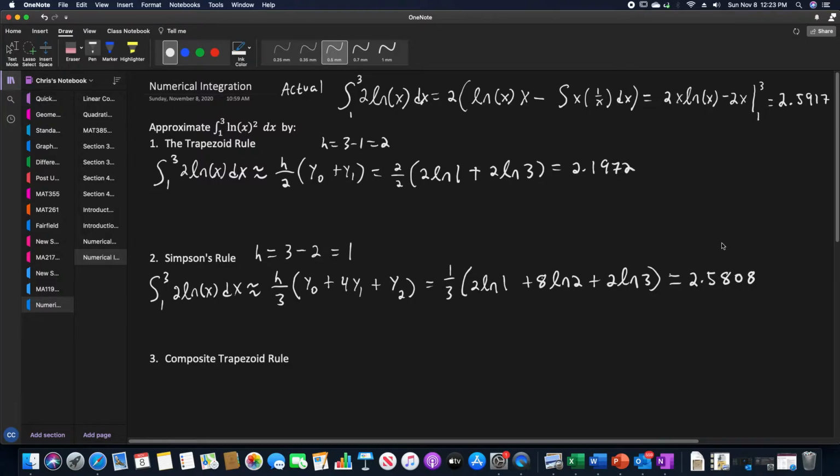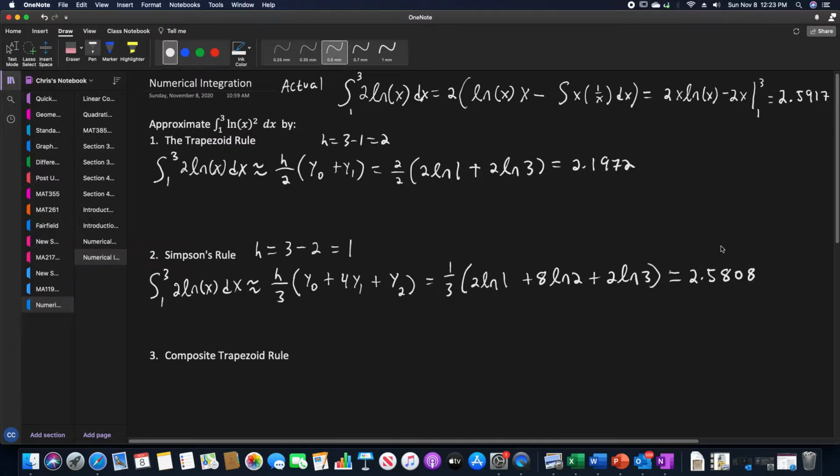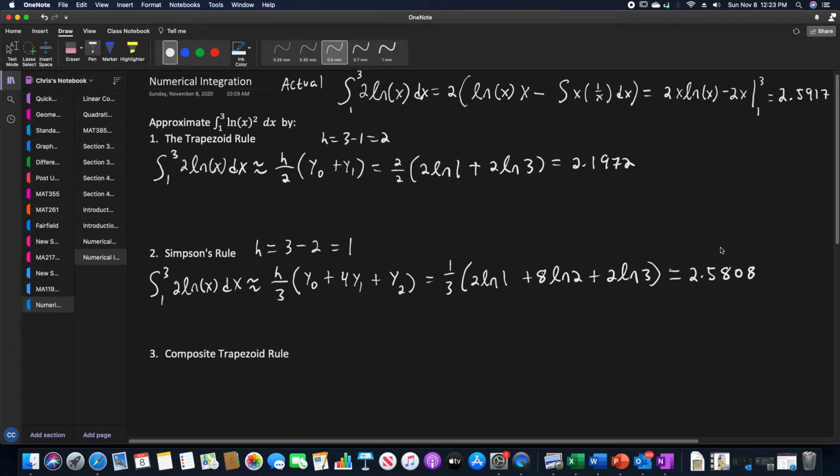The composite trapezoid rule. Let's move this down slightly so I have more room. Okay, composite trapezoid rule. We're trying to approximate the integral between 1 and 3 of 2 times the natural log of x dx.